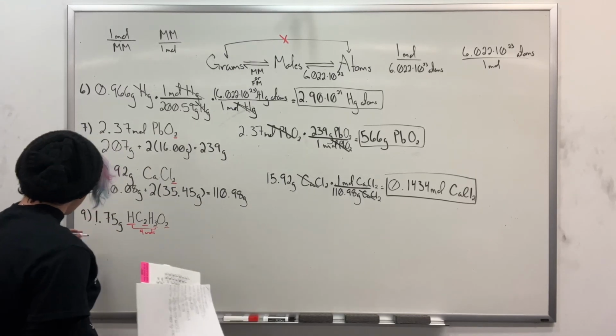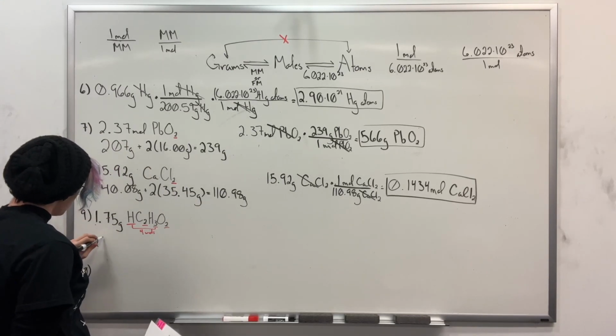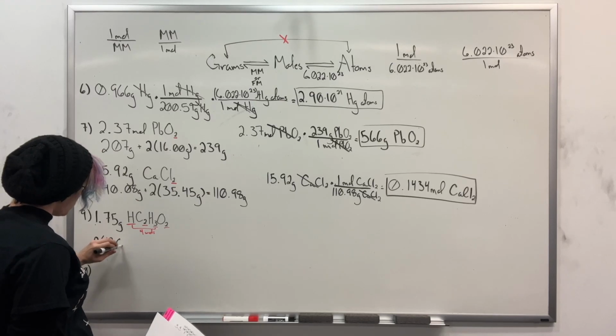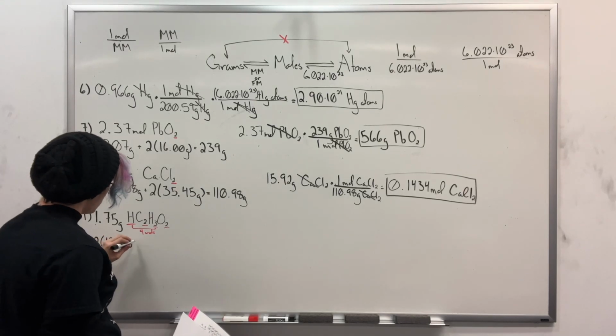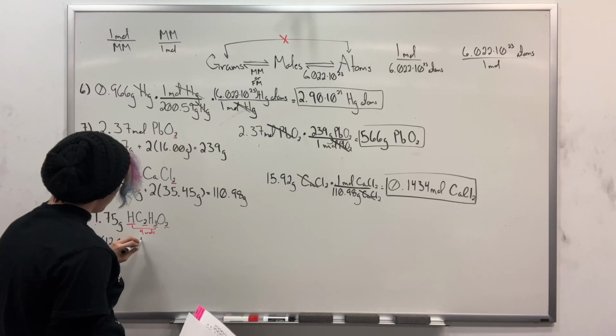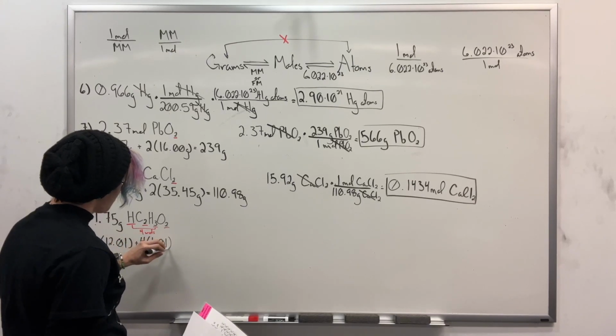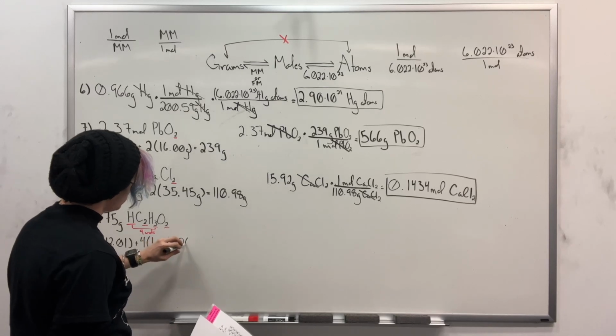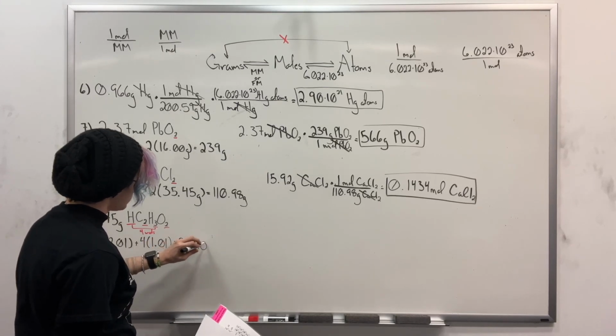And so for the mass, we have 2 times 12.01 plus 4 times 1.01 plus 2 times 16.